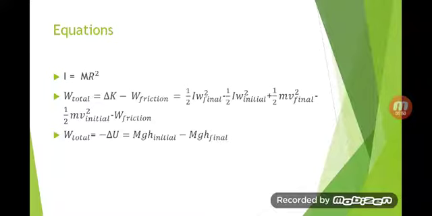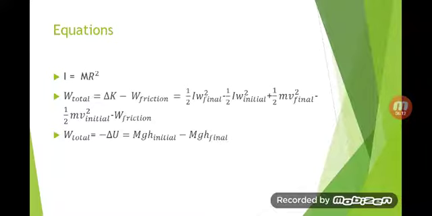Well, the wheel is rotating, which gives it rotational kinetic energy, and the wheel is moving in a straight line, which gives it linear kinetic energy. That's the reason why we have a change in rotational kinetic energy and translational kinetic energy.